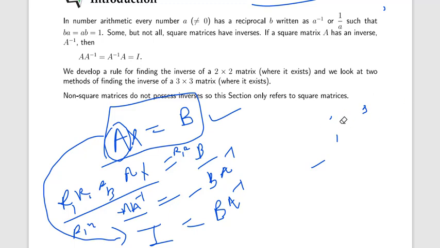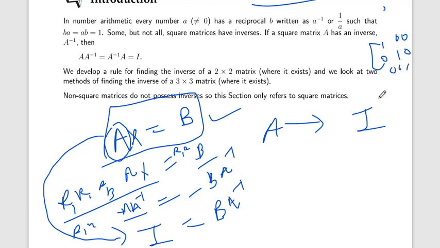So for the A matrix, we apply some row operations and transform it into identity form, like 1 0 0, 0 1 0, 0 0 1, identity.